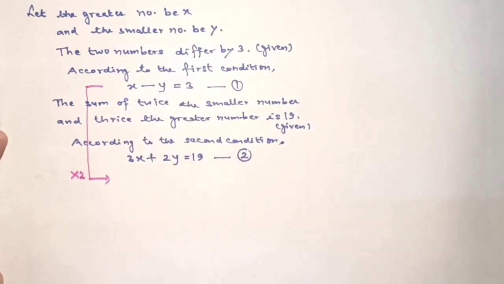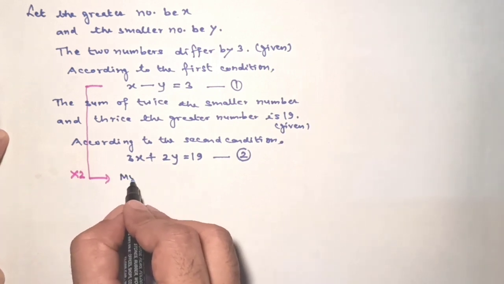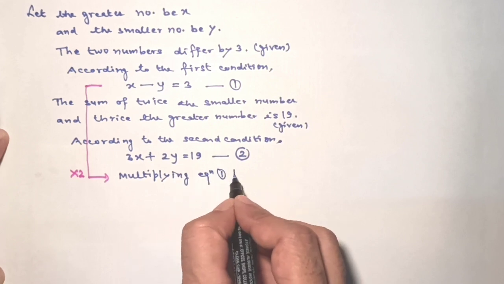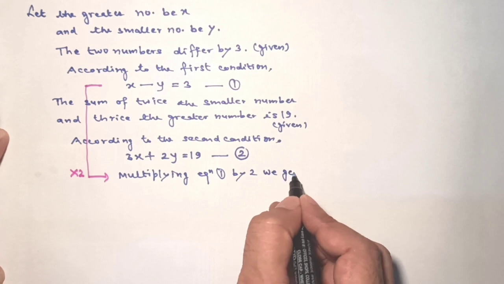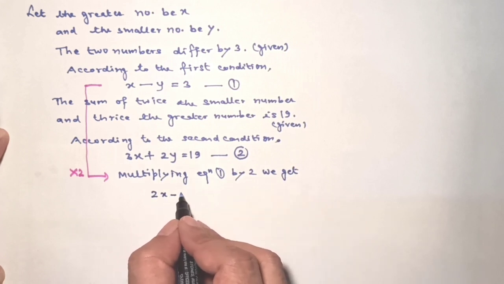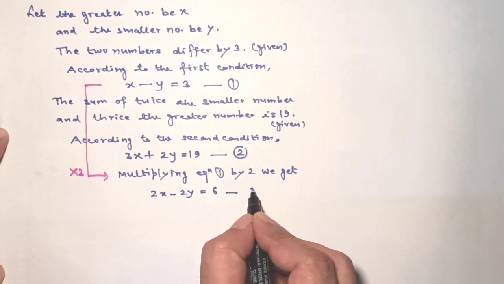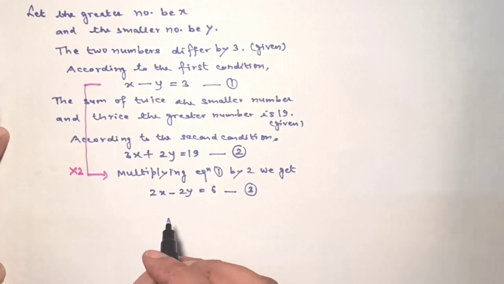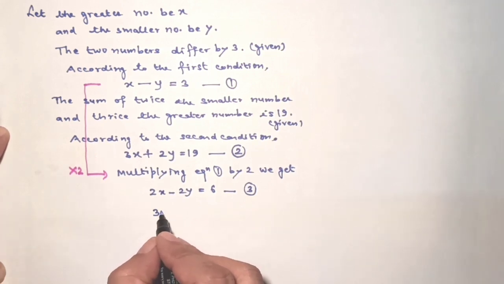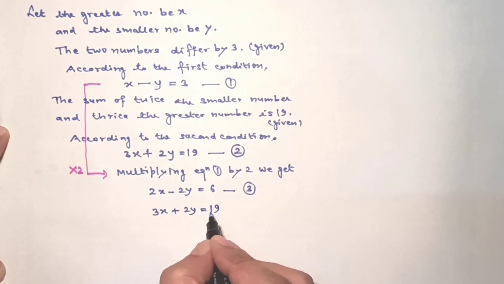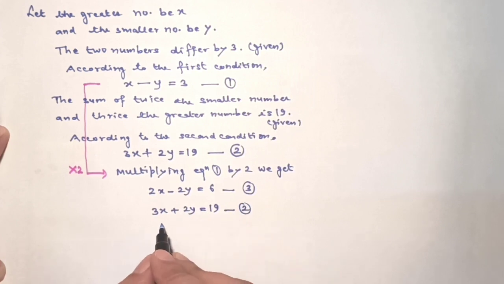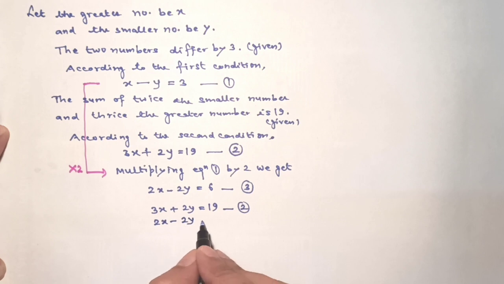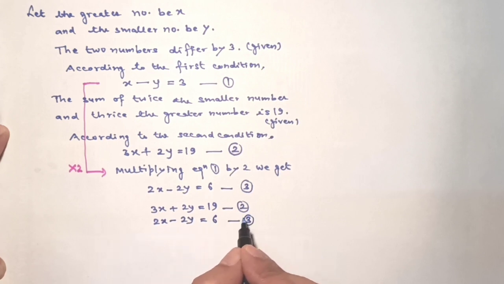So write, multiplying equation 1 by 2, we get 2x minus 2y is equal to 6. This is your third equation. Now consider the second equation, 3x plus 2y is equal to 19, and the third equation, 2x minus 2y is equal to 6.